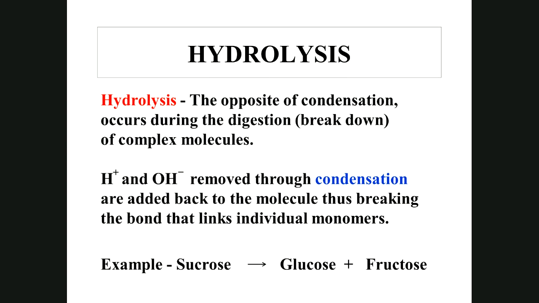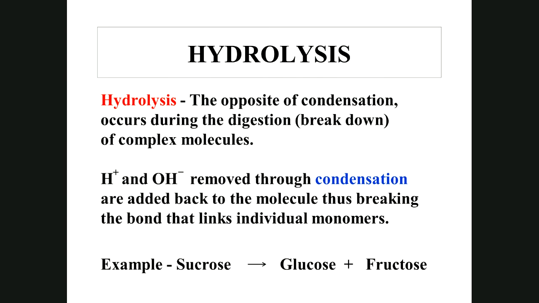So when you eat, you ingest food, and it goes into your stomach and your digestive system. Hydrolysis is taking place. You're taking in large biomolecules, large carbohydrates, proteins, nucleic acids that are in the cells, the nucleus of the cells, like in corn or beans or something like that, or even meat, and lipids.